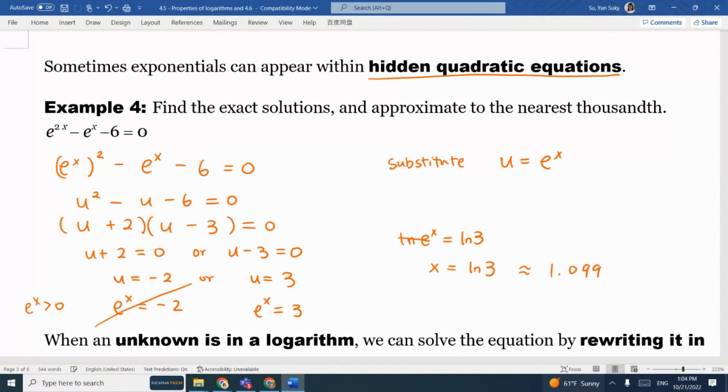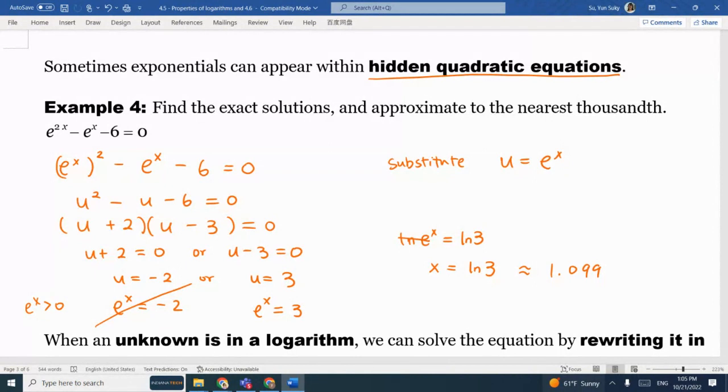If the next digit is greater or equal to 5, we round up. If the next digit is less than 5, so less than or equal to 4, we round off. Yes, everybody? Awesome. So this is hidden quadratic.